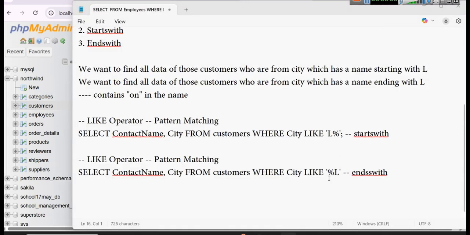In case of ends with, we have written percentage in the beginning because we don't know how many characters are there before L. Like there can be a city name which just has one character, or it can have 10 characters, 20 characters. When you don't know that, this is a wildcard. It is called a wildcard. This can take the place of any character.